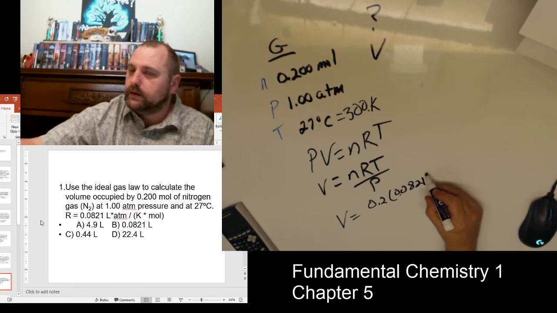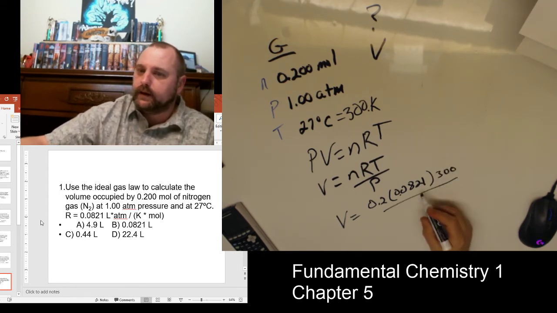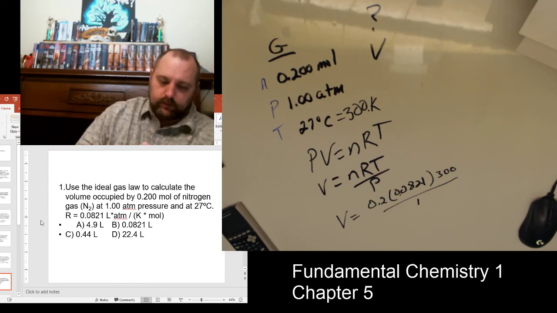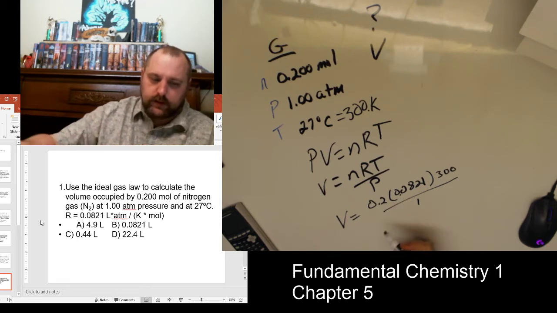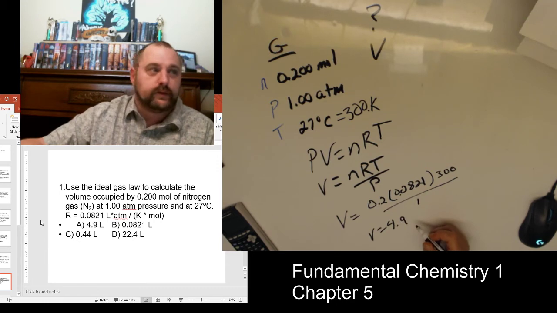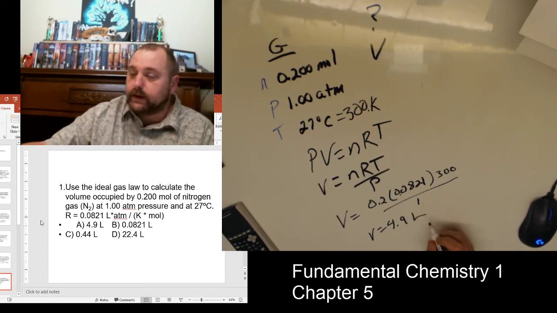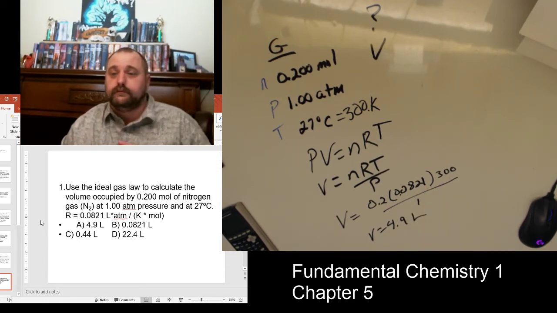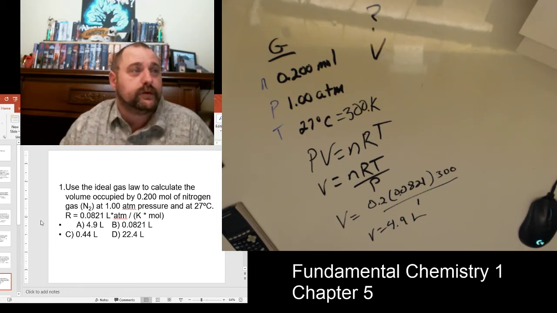0.200 times 0.0821 times 300, divided by 1. The volume should be 4.926. 4.9 will be fine for what they have. 27 degrees only had 2 sig figs, so we'll use 2 sig figs.